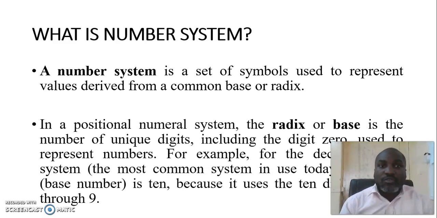In a positional numeral system, the base or the radix is the number of unique digits, including the digit 0, used to represent numbers. For example, for the decimal system, which we're going to look at later on, and is the most common system used today, the radix or the base is 10, simply because it uses 10 digits, which move from 0 through to 9.